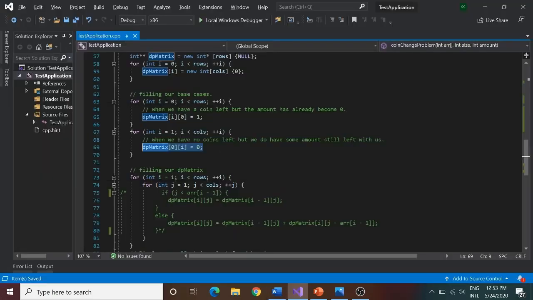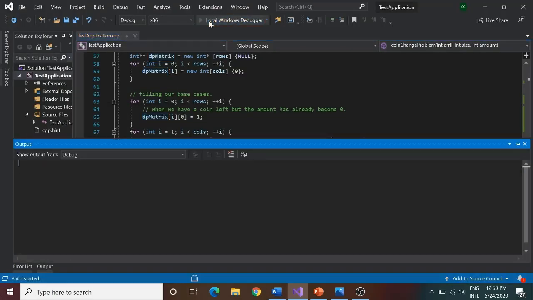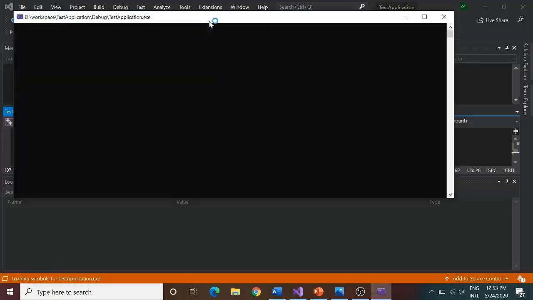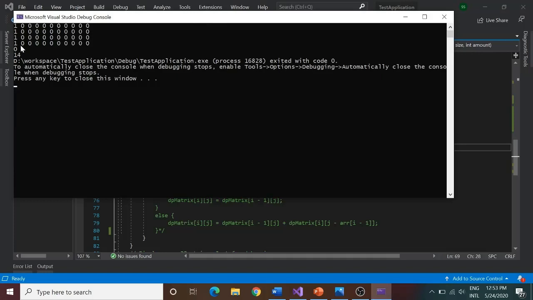I hope you have understood. Now let's see whether we have populated our DP contents correctly or not. Yes, we can see over here: in our 0th row, except the element 0 0, we have all zeros, and in my 0th column, the answer to those subproblems is 1.